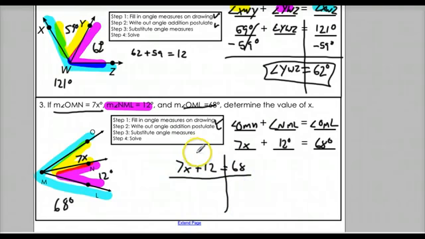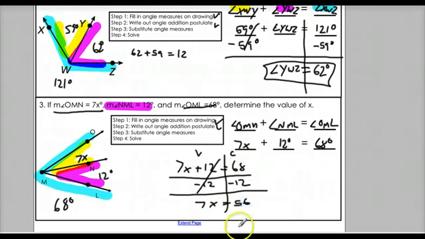So we're going to put our variables on this side, our constants on this one. First thing we have to do is move over the 12, because we start with addition. So let's subtract 12 from both sides. When we subtract 12 from both sides, the 12s cancel, and we get 7x is equal to 68 minus 12, which is 56.